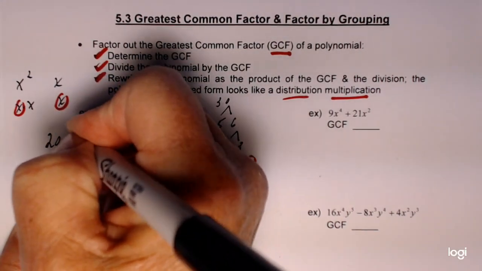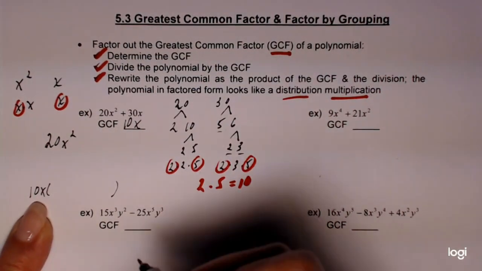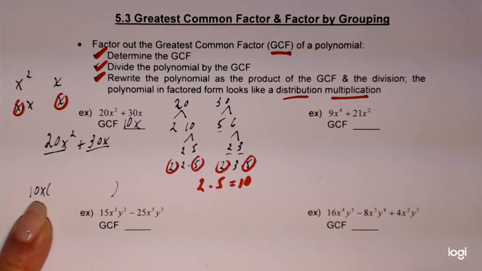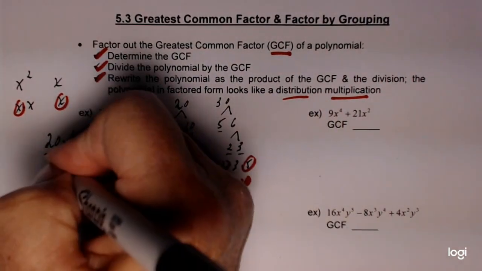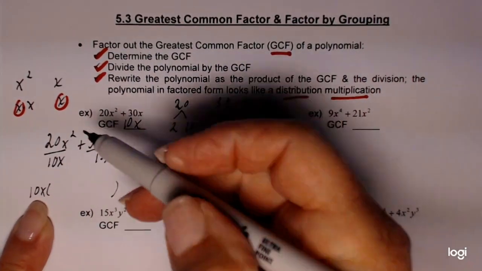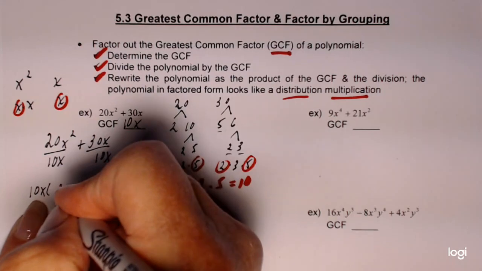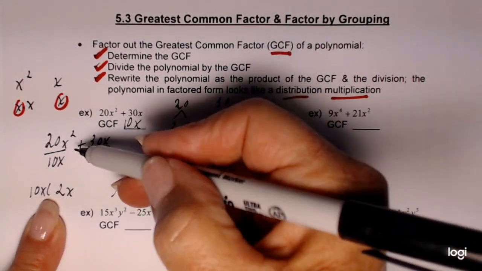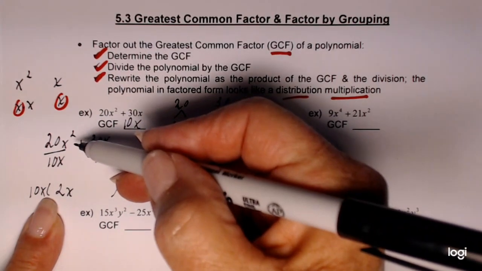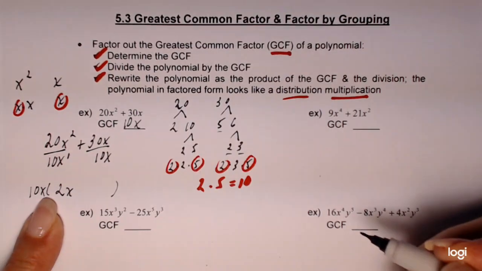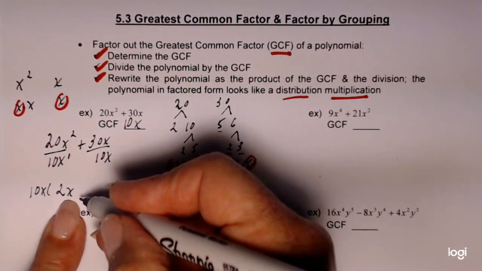So I take my original polynomial, 20x squared plus 30x, and now I divide it by the greatest common factor, 10x and 10x. 20 divided by 10 is 2. x squared divided by x is x. Remember, when we divide, we subtract exponents. 2 minus this invisible 1 that I'll write in, 2 minus 1 is 1.